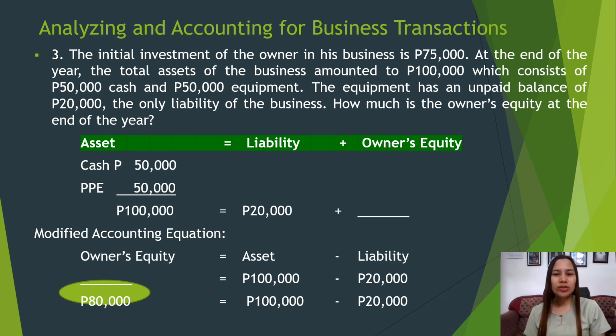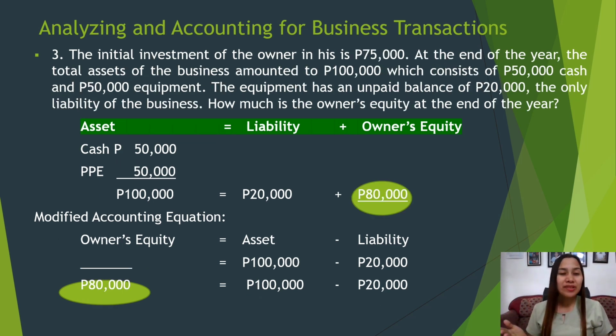So let's look into the owner's equity using the modified accounting equation. In finding the owner's equity, owner's equity is equal to assets less liability. So given the amount of asset 100,000 less liability 20,000, the amount of owner's equity equals 80,000.